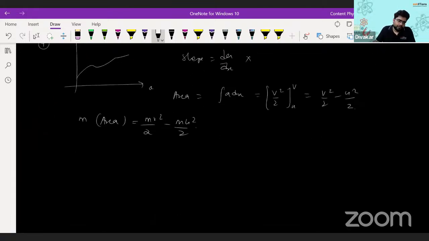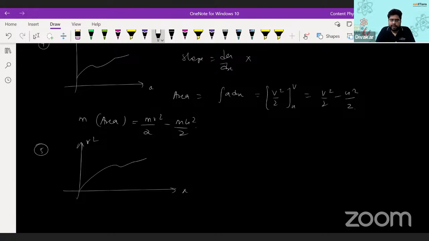The last graph that I would like you to remember is a v square versus X graph. What does a v square versus X graph give you? If I have a graph like this and I want to find the slope of this graph, the slope is basically d of v square by dx. This is a differentiation of v square with respect to x. First you differentiate v square, and then by the chain rule, dv by dx.